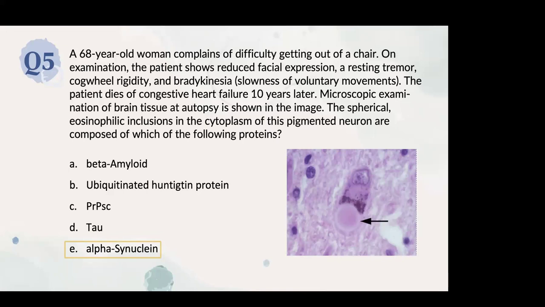Okay, so by eliminating the choices, or by identifying what's going on, they have resting tremor and reduced facial expression, which are characteristic of Parkinson's, as well as cogwheel rigidity and bradykinesia. So when we look at the choices, beta amyloid and tau proteins are related to Alzheimer's disease, and B is a Huntington protein, which is not seen in the picture.